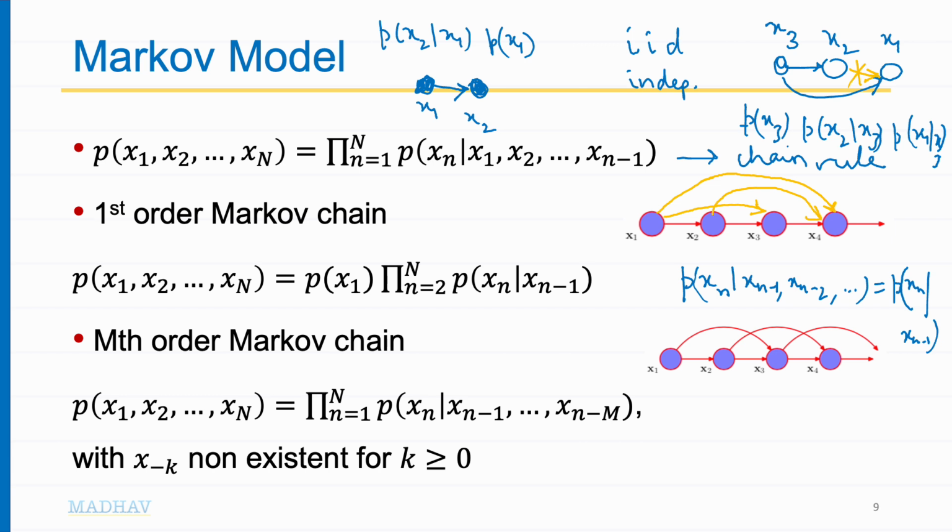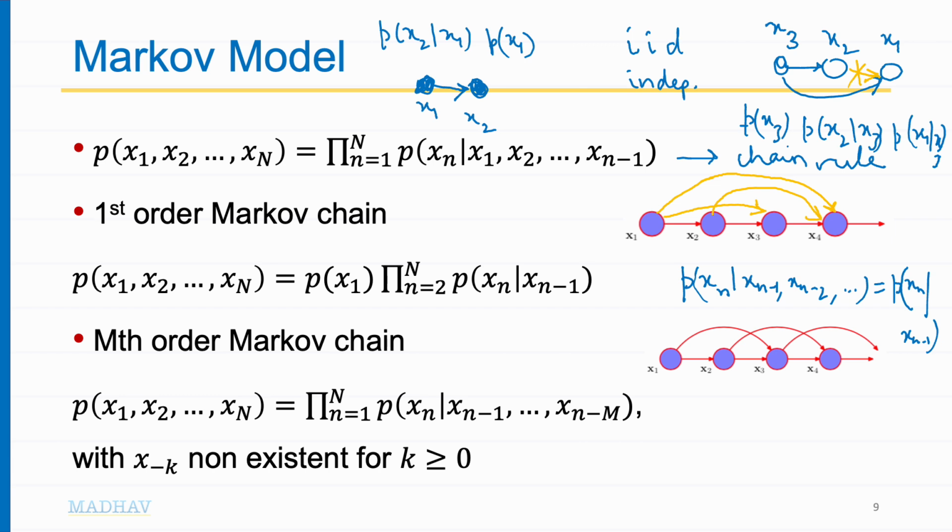The mth order Markov chain in general will depend on the past m nodes in the time series, right? All of you understood the graphical notation as well as the mathematical representation, that p of x1 up to xn in general is written as p of xn given xn minus 1 up to xn minus M, and you take the product over all n.